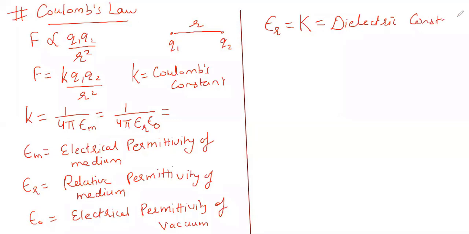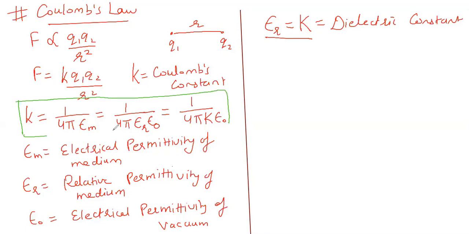So I'm reminding you, epsilon r and K are one and the same thing. So I can also write here 1 upon 4 pi K into epsilon naught. This relation we have to remember, what this constant is, what these relations are, and all the terms we have to be clear about.